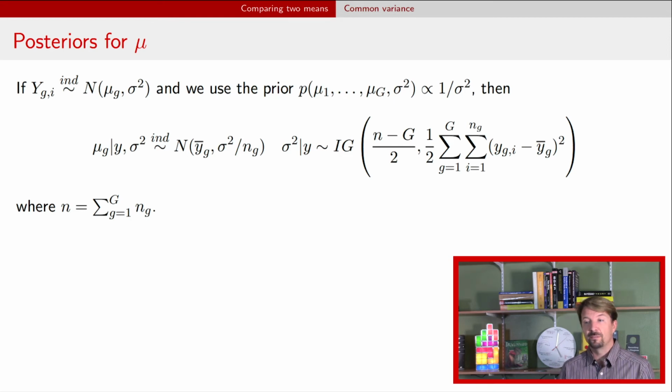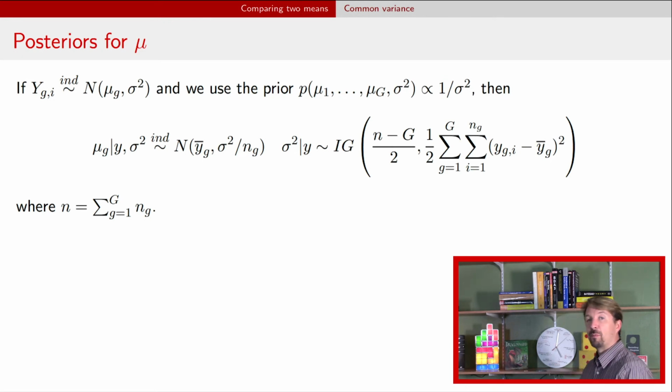What we do get is a conditional posterior. So if you'll see that first equation there, the mu subscript g, we condition on sigma squared. And if we condition on sigma squared, we have a normal distribution for those means, unlike the t distribution we had before when we didn't have sigma squared. But now we have that sigma squared, which is again unknown.